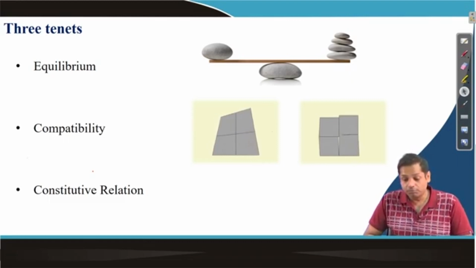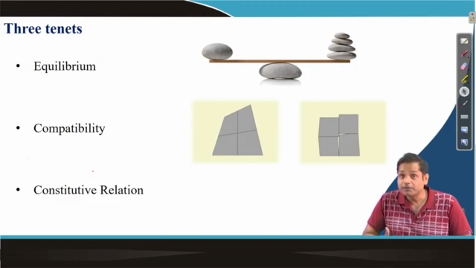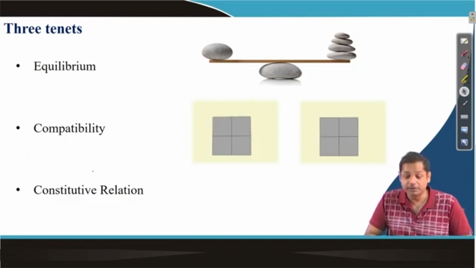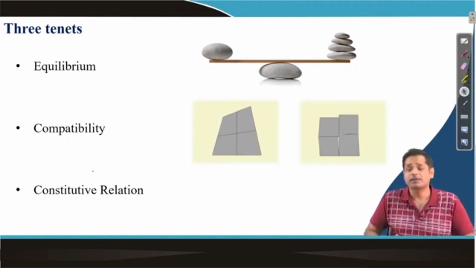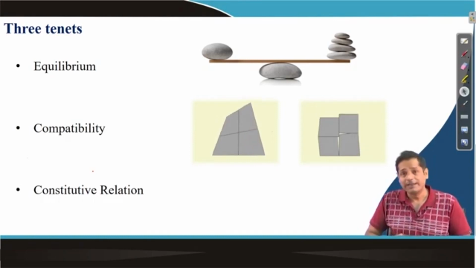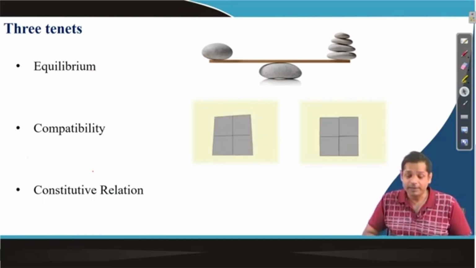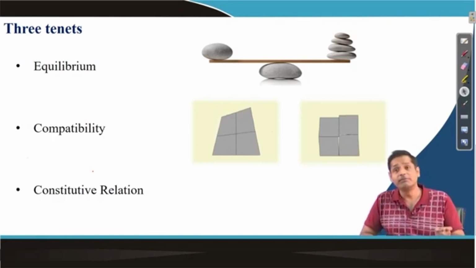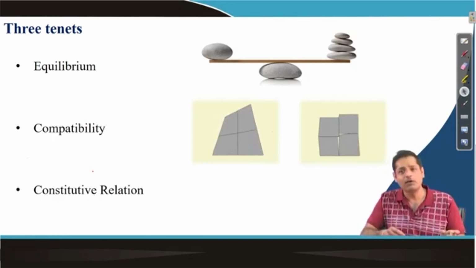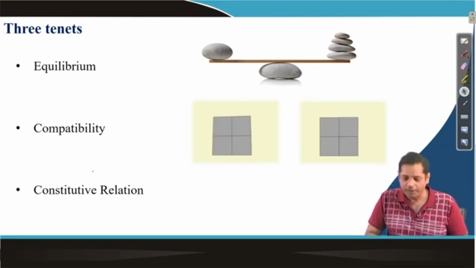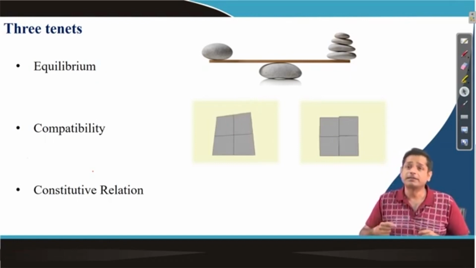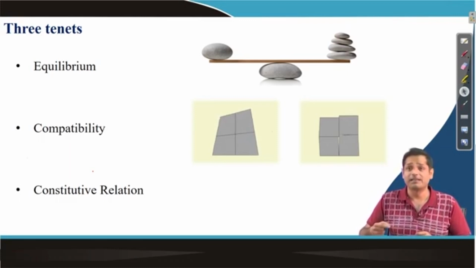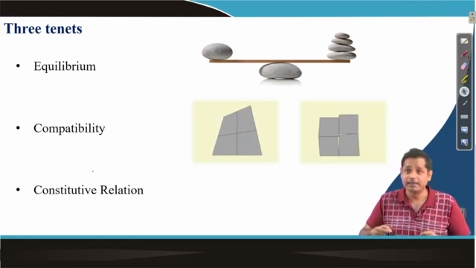Second thing is compatibility. For a better comprehension of compatibility, you can see this animation. The first one is compatible deformation. It gives you how the deformations of different parts of the structure or object are related to each other. How compatible are different deformations and different strains at different points in an object.